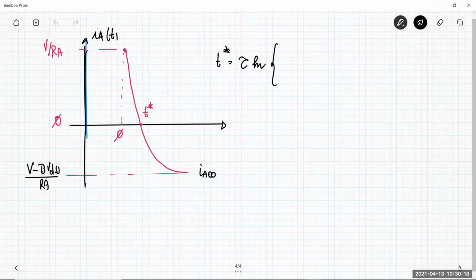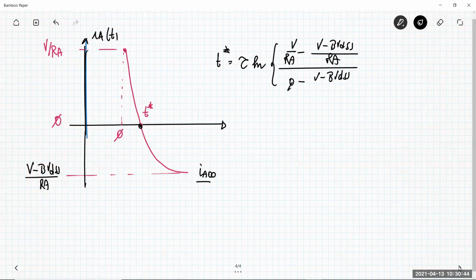So in that case, it means V over RA minus the current IA at infinite, which is V minus BVdss over RA, divided by the current at the second point here, so 0, minus V minus BVdss over RA. So some simple manipulation.